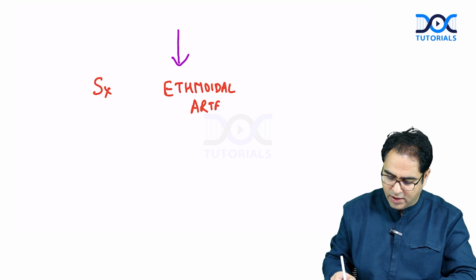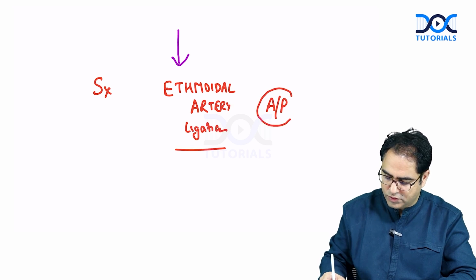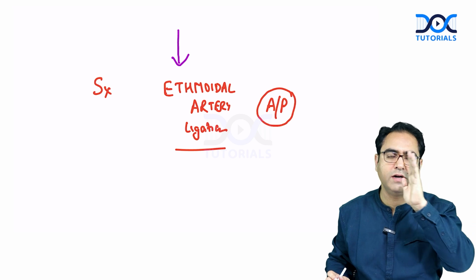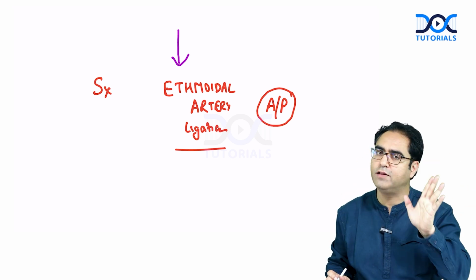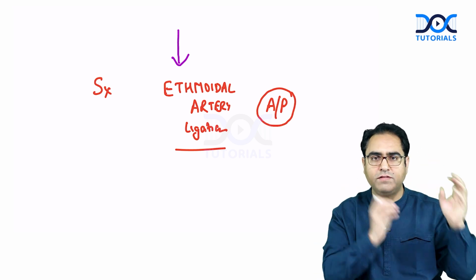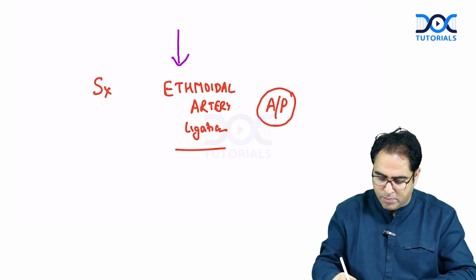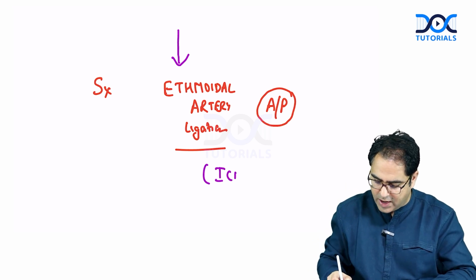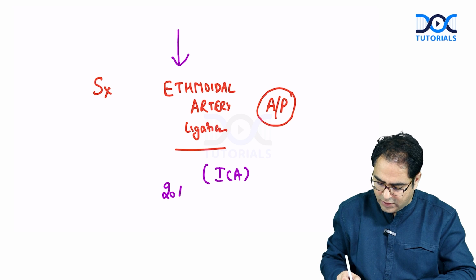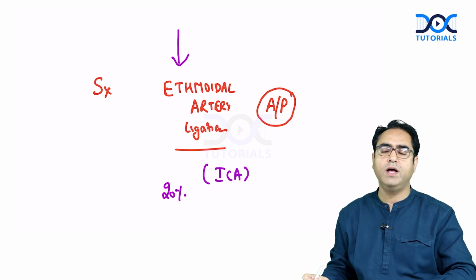So if ECA ligation failed to control bleeding, the next management is again a surgery, the ethmoidal artery ligation, because this is coming from the ICA territory, and that is giving 20% of circulation to the upper part of the nose.